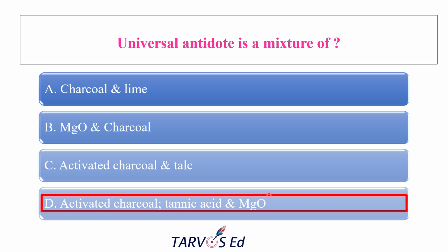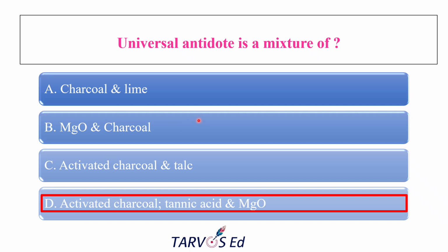Okay, so why are the others wrong? Charcoal and lime. So this is not a standard antidote. Lime is sometimes causing damage, so it is not safe for oral use when it comes to poisoning. Then MgO and charcoal: here the tannic acid is missed, and this is a major thing. So this combo only absorbs and neutralizes the acid but doesn't precipitate the alkaloid.